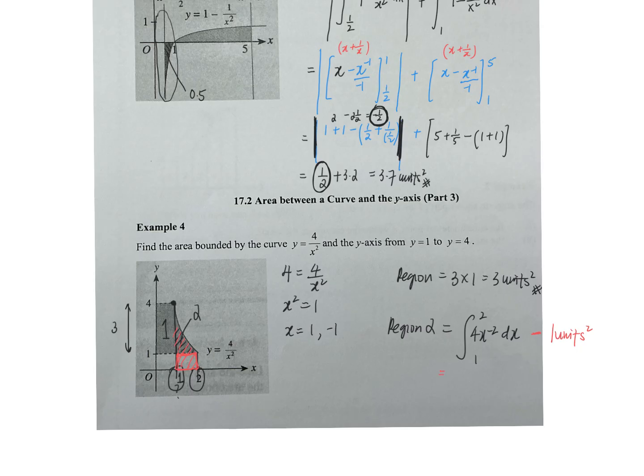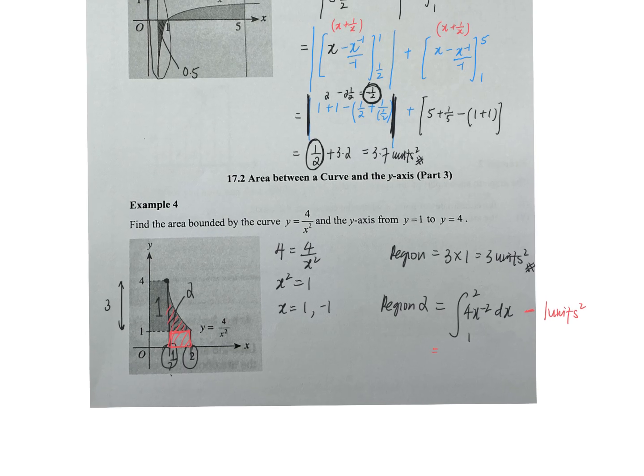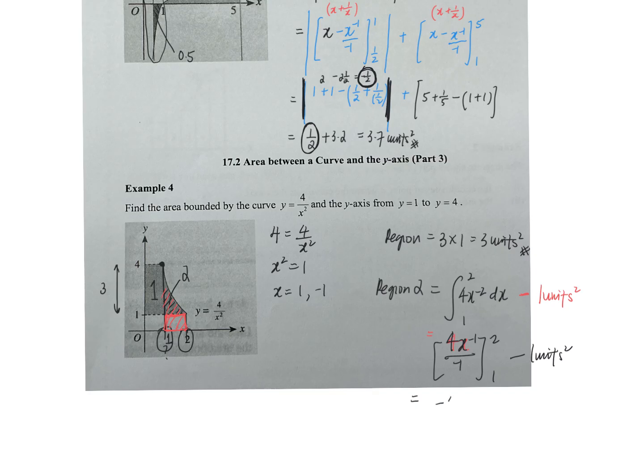So if you want to do it this way, you need to be careful which part of the diagram you are interested in. So this will end up having minus 1 divided by minus, sub in 2 and 1. So you end up having minus 4 over 2, so minus 2 plus 4, 2.